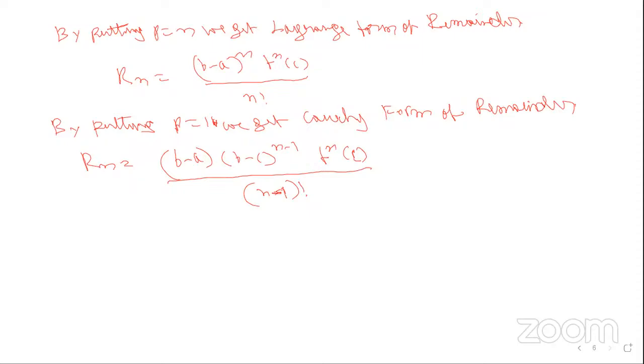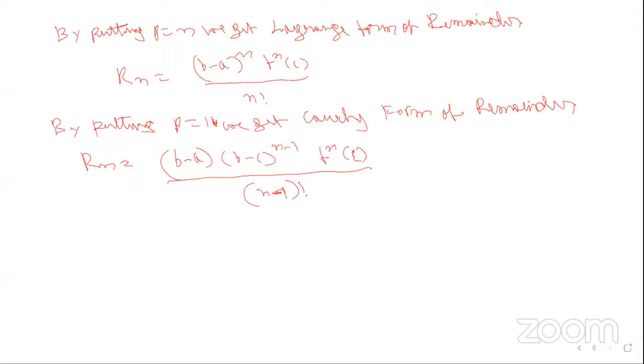So this is the most important theorem for section C, 20 marks. The question is asked in the style: state and prove Taylor's theorem. From Taylor's theorem only, we will get Maclaurin's form.